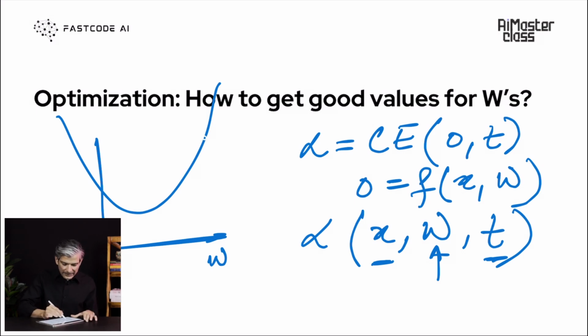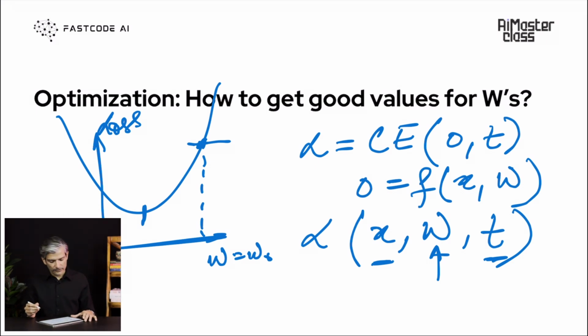Let's say we start with some random initialization of W equals W naught, and let's say our W naught happens to be here. Now we want to get to the minimum, because on the y-axis we have our loss and our goal is to minimize the loss. So how would you do that?